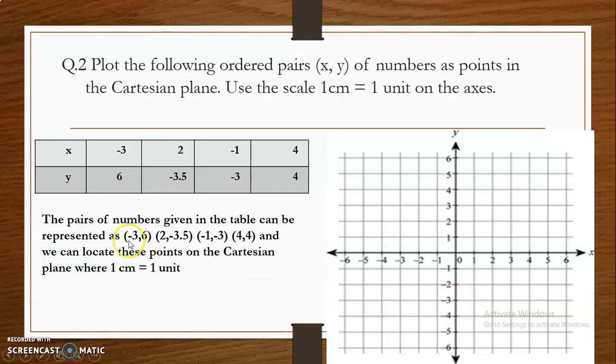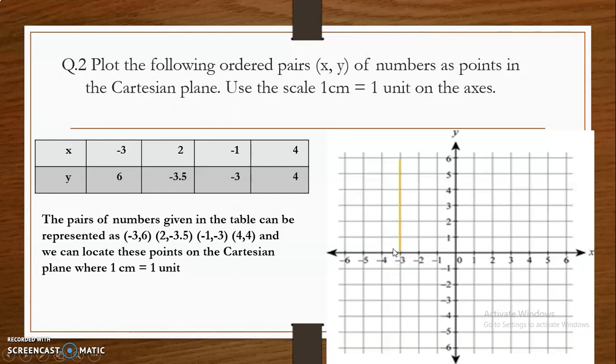The first point is minus 3. So minus 3 is the distance away from the y-axis. So from the y-axis, minus 3 away is this distance. From here we will start making a vertical line.